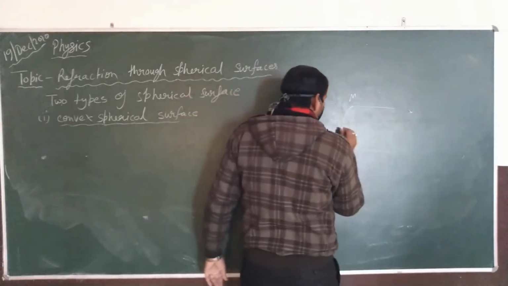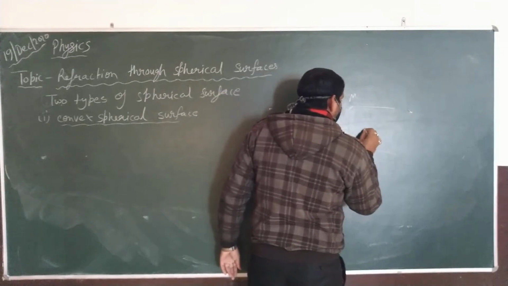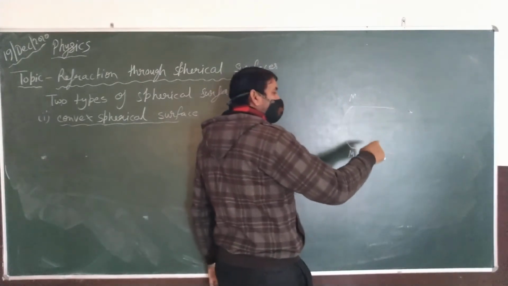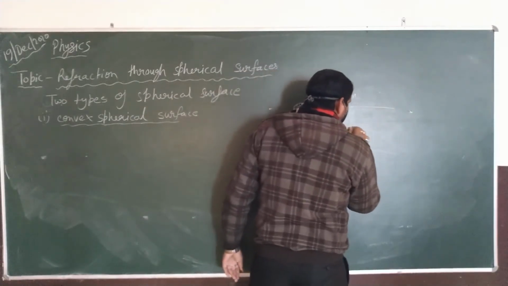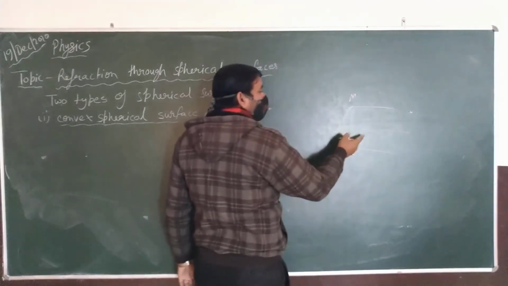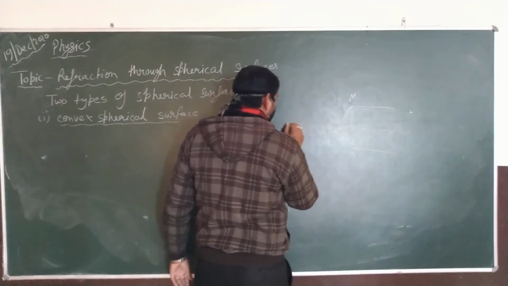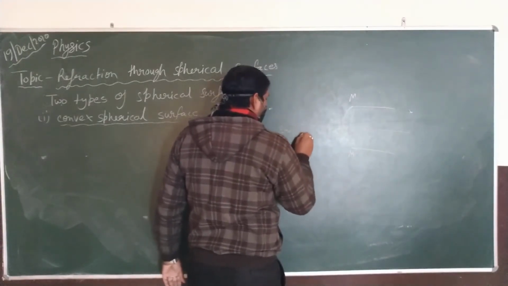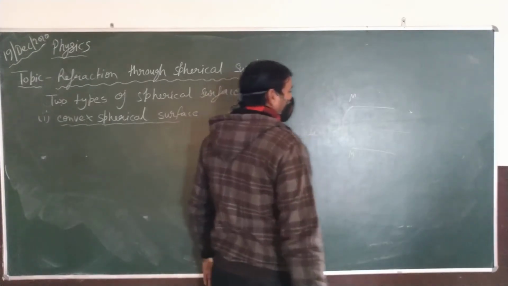Now this is the center of the sphere of which this spherical surface is a part, and the line passing from the center of curvature to the pole, extending on either side of the sphere, is called the principal axis. Clear? This is the principal axis of the spherical surface.